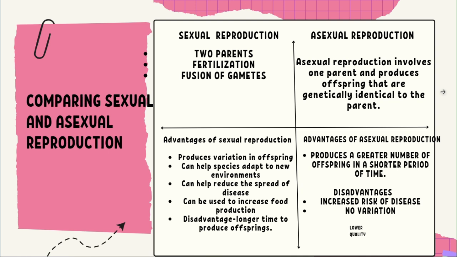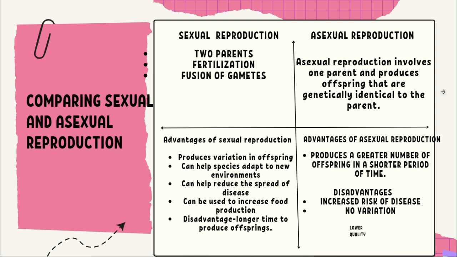When I say identical, I mean identical, like identical twins. The parent and the child look exactly the same. So with asexual reproduction, there is no variation at all. That disadvantage of asexual reproduction is actually an advantage of sexual reproduction.